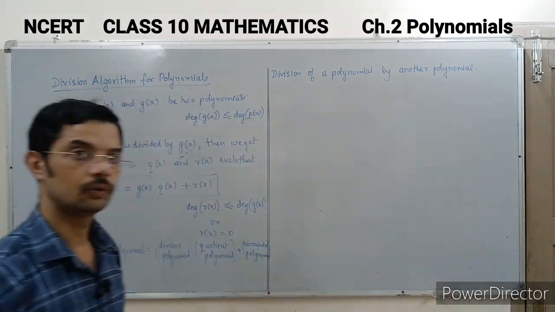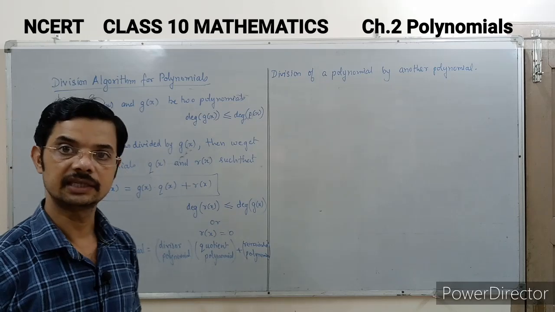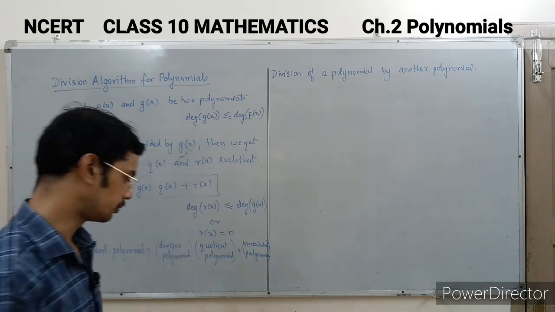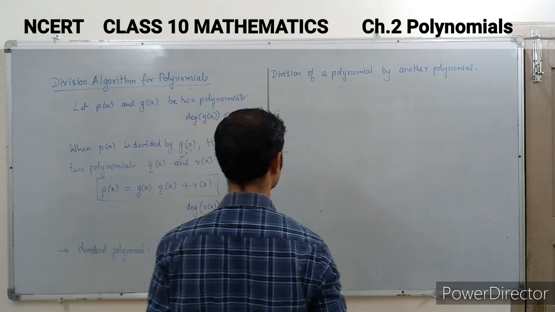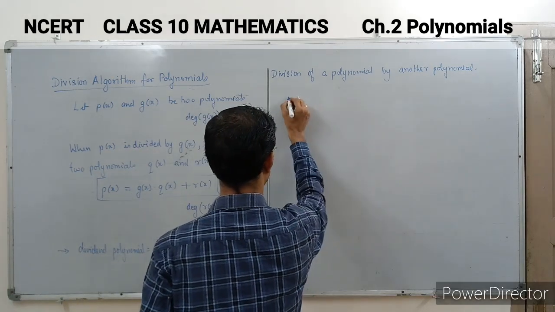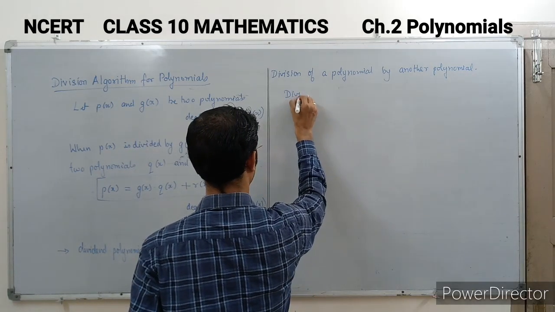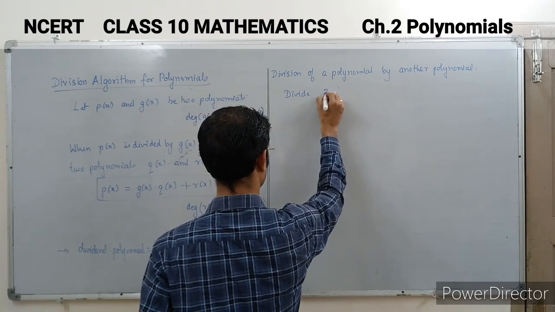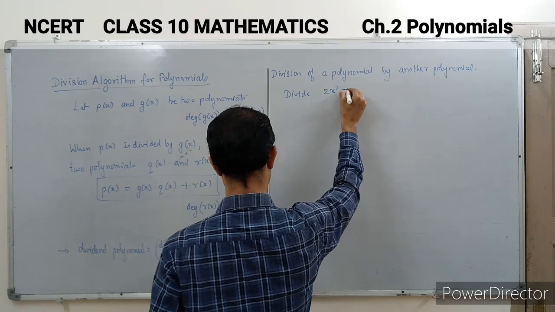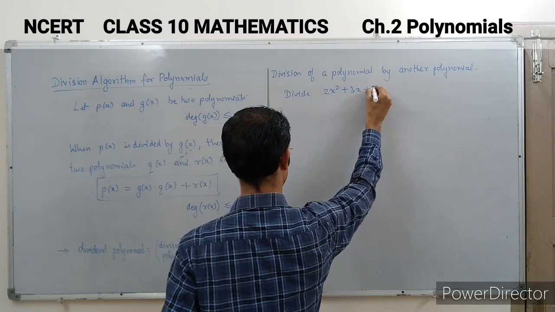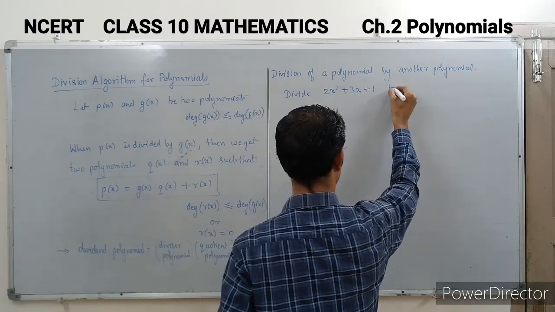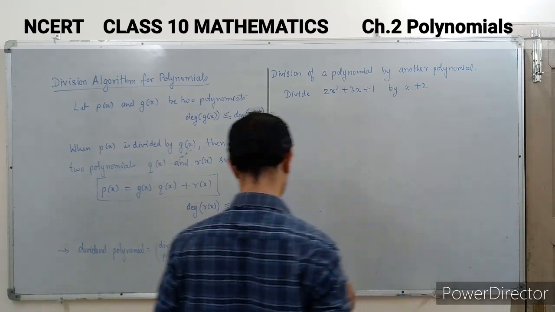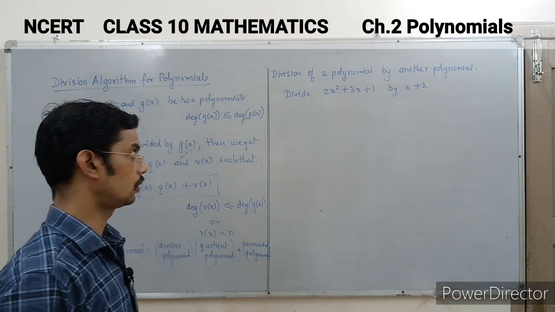I feel that you know this. You must have studied this in 9th standard, how to divide a polynomial by another polynomial, or else you can observe. So let us divide 2x square plus 3x plus 1 by x plus 2.